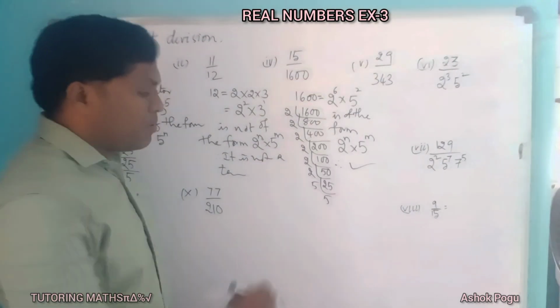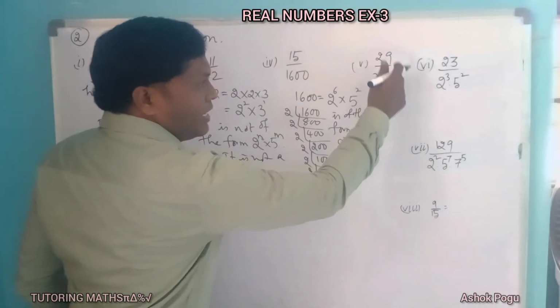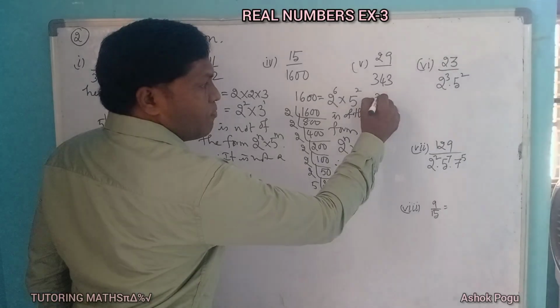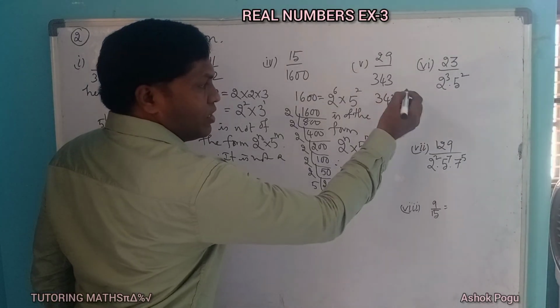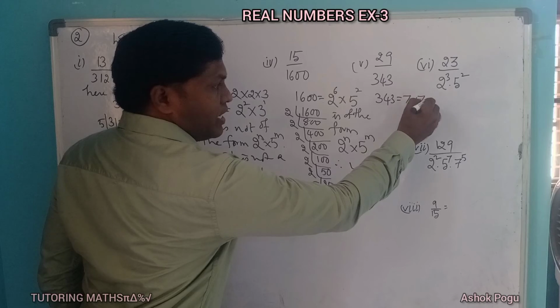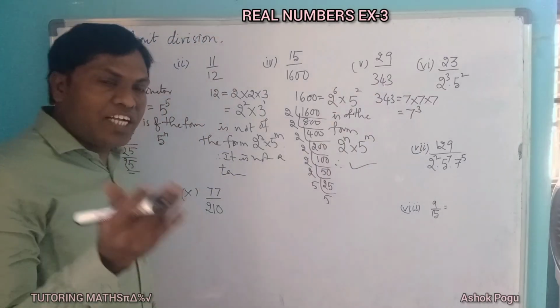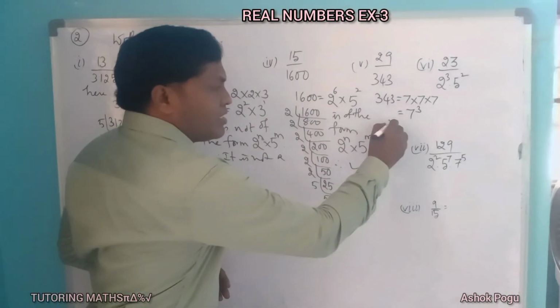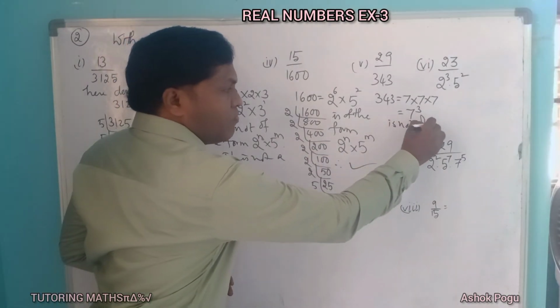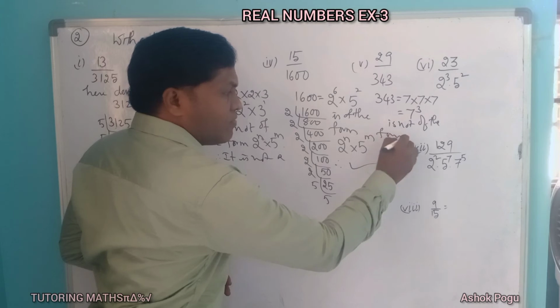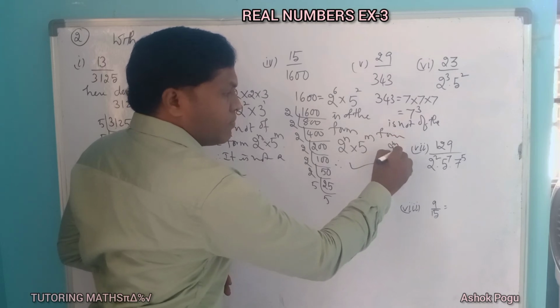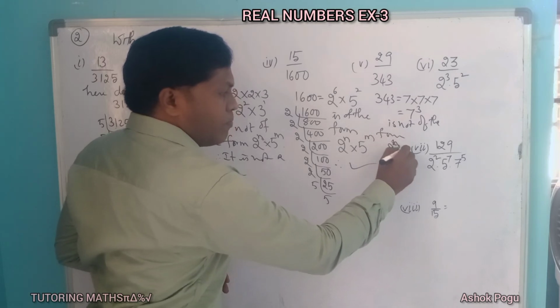And coming to question number 5, 29 by 343. What are the prime factors of 343? You know that 7 7s are 49, 7 49s are 343. It is 7 cube. It is not of the form 2 power n and 5 power m.